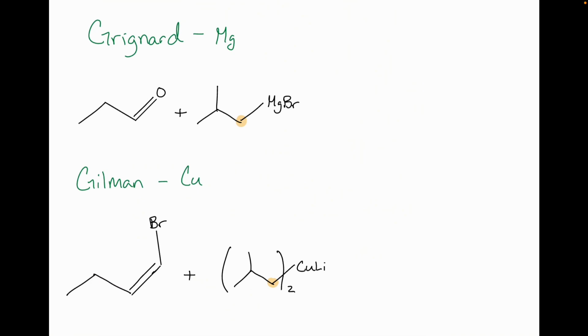Question being, which one in my other reactant do I form my bond with? In the case of the Grignard, it's going to be a carbonyl carbon. And in the case of the Gilman, you're using an alkyl halide, so it's going to be the carbon that's at the base of that halogen. So this is my new bond that I'm forming, between these two carbons.